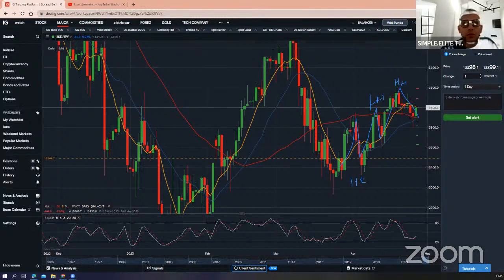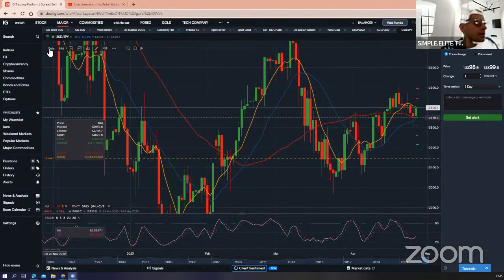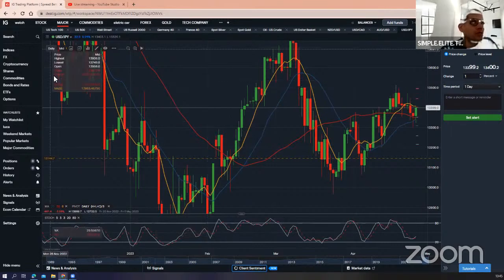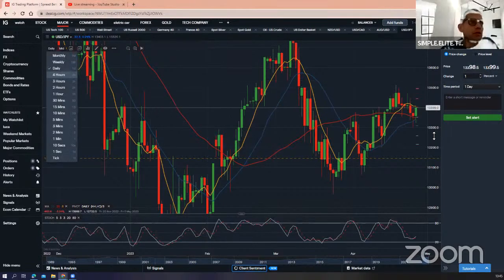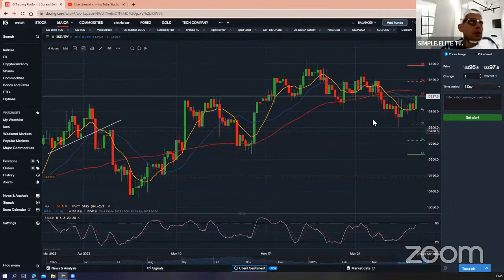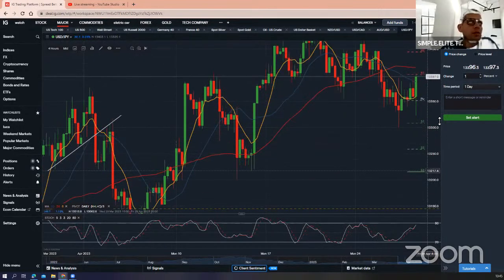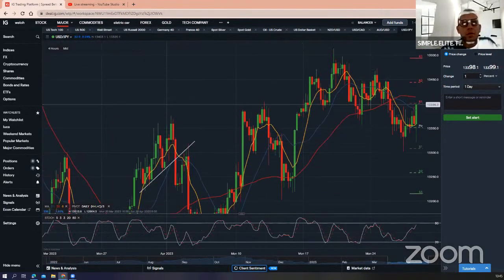So if we drop down the time frame, we'll probably see better for tomorrow maybe. So 4 hour, 4 hours still on downtrend, but if it breaks this trend line, which looks like tomorrow's daily pivot, I'm happy to go long.